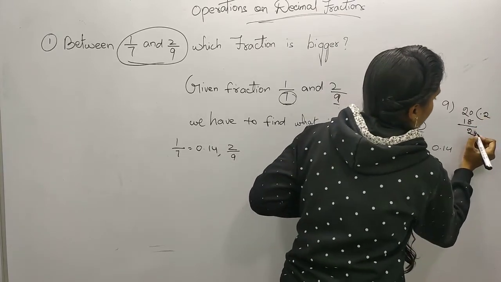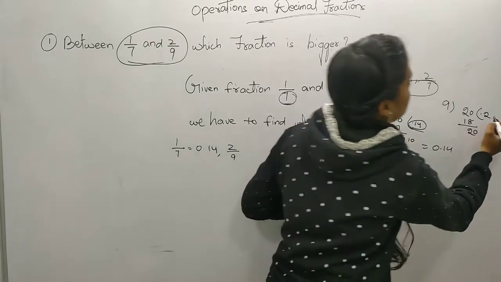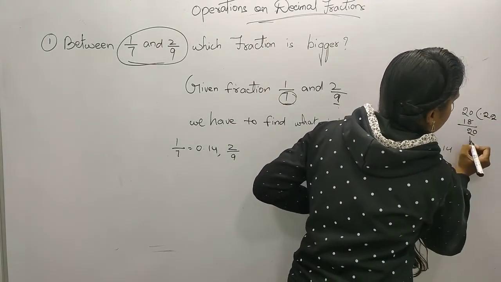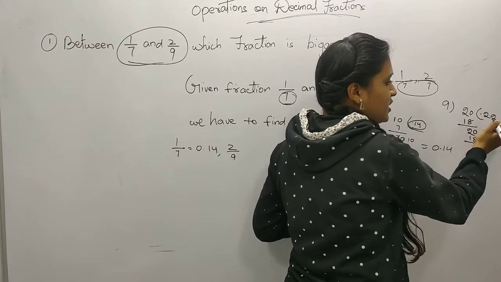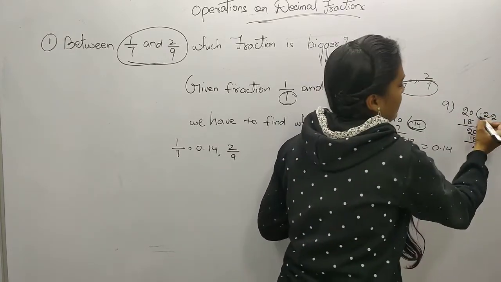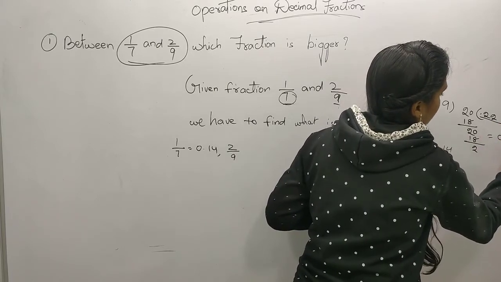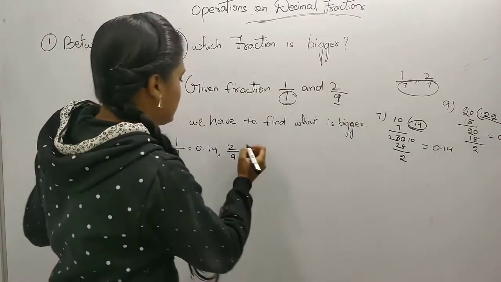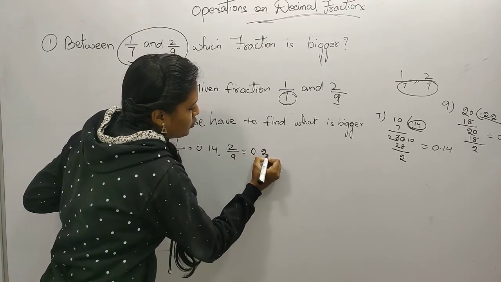Once again put 0, and once again we get 2, once again 18. It will continue like that. After the decimal we will take only 2 digits. So 0.22. What is the answer? 2 by 9's answer is 0.22.